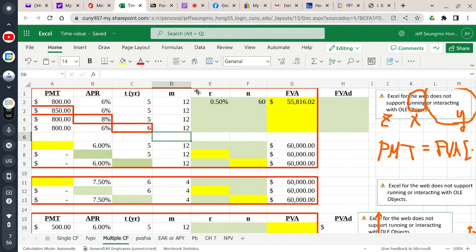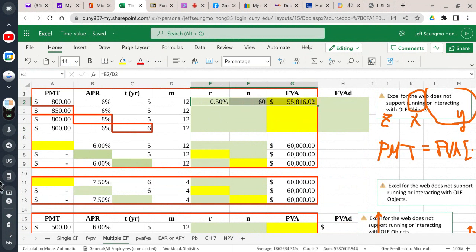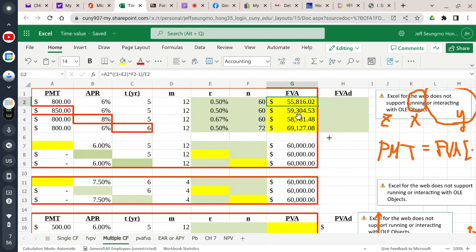we can do a sort of scenario analysis. We can compare those three different scenarios in a single shot, because that's what Excel is good for. Highlight those 3 cells and just drag it down. What do you see? If we increase our monthly deposit by $50, we are much closer, just about $700 short.